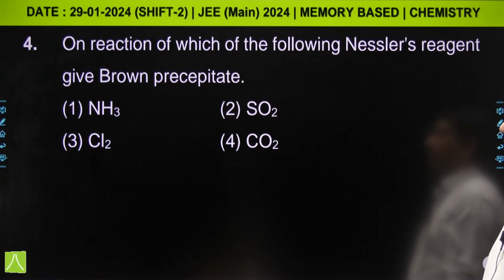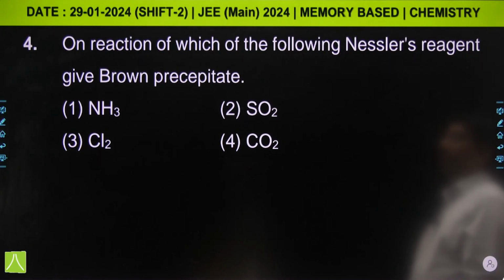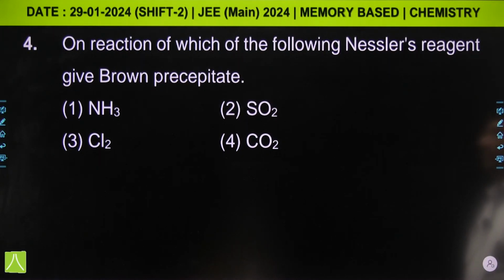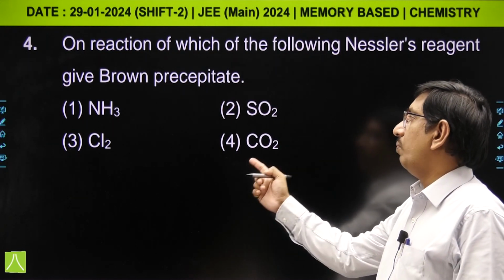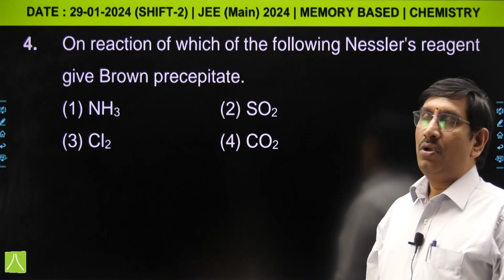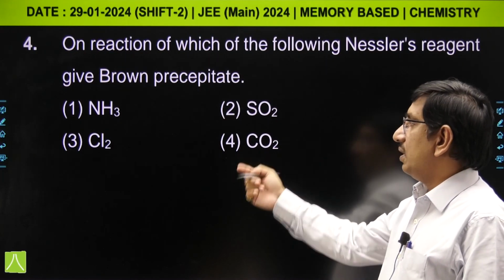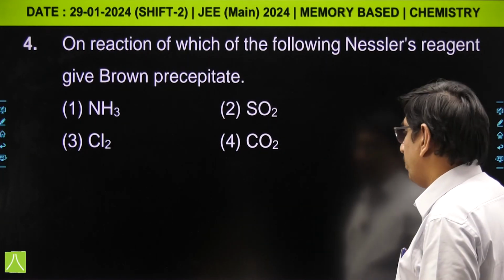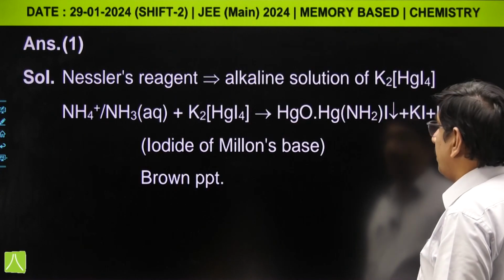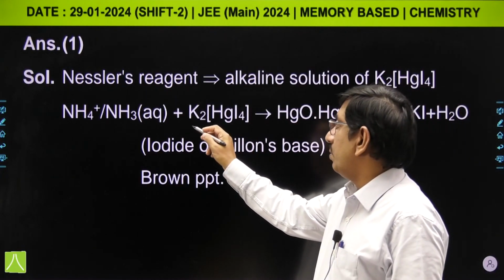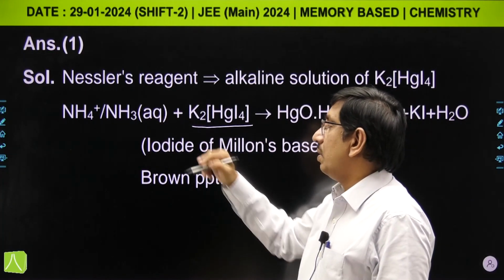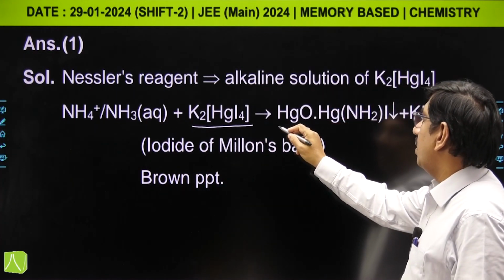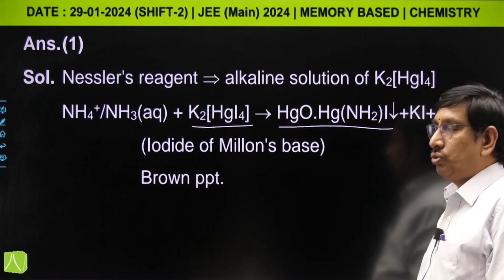Next, fourth question, on reaction of which of the following Nessler's reagent gave brown precipitate? इसमें आपको ammonia, SO2, Cl2 and CO2 gases are given. इन चारों में Nessler's reagent, that is K2HgI4 in alkaline medium, can react with ammonia and gives HgO·HgNH2I.